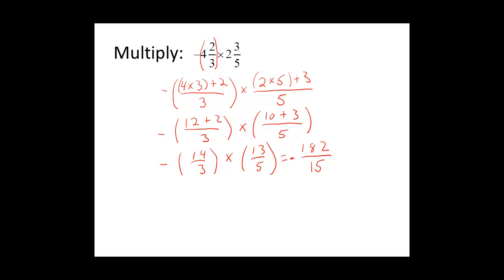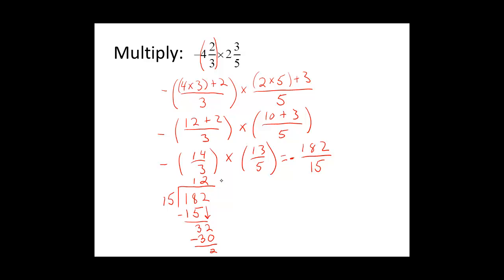We can change this to a mixed number by putting the top number in the division house and the denominator outside. We'll look at 15 divides 18 once, and we subtract and get 3. Bring down the 2. 15 divides 30 2 times. 2 times 15 is 30, with a remainder of 2.